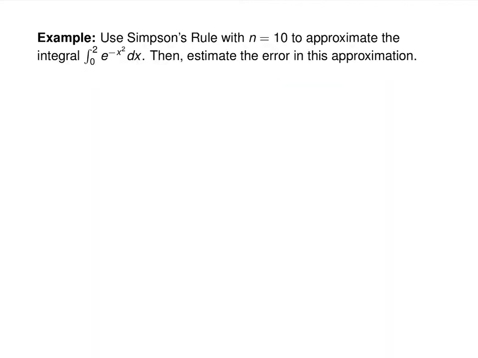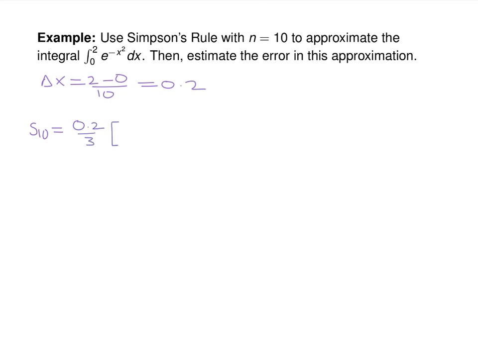So let's use Simpson's rule with n equals 10 to approximate the area of this curve that we did earlier. So once again, delta x will equal 2 minus 0 over 10, which is 0.2. And so S10 is delta x over 3, so 0.2 over 3.